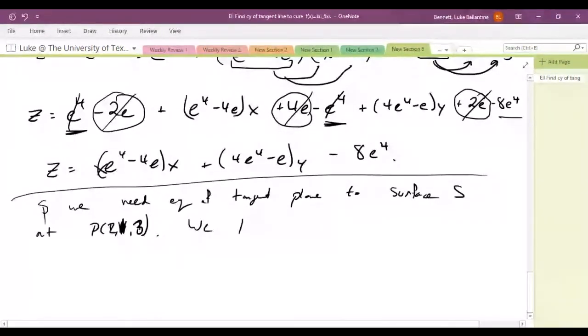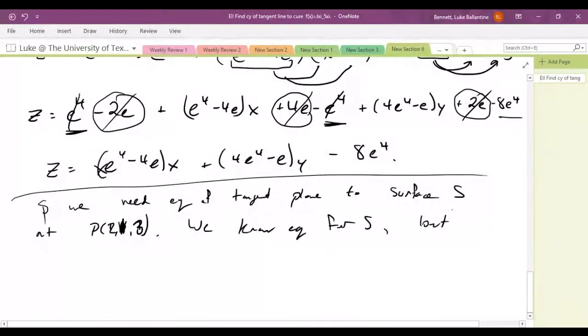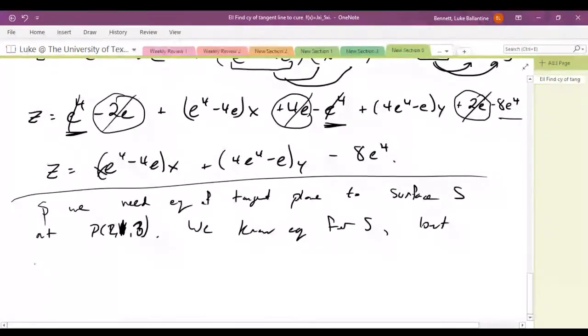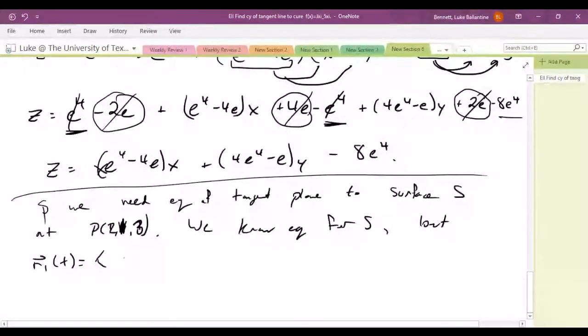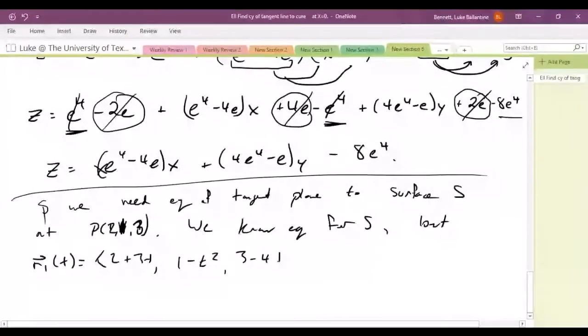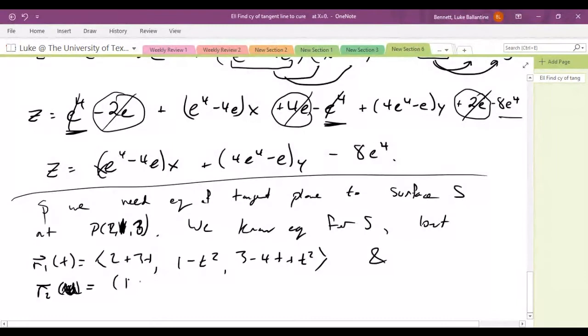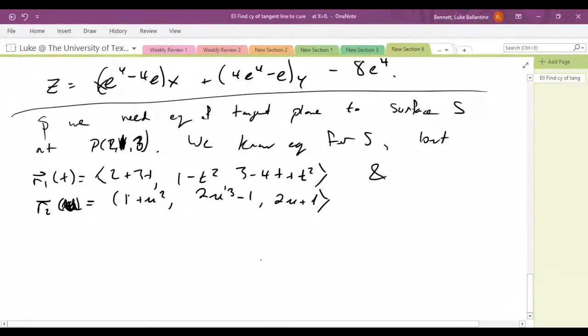We don't know S, we don't know the equation for S, but we know these two curves, R1 of t equals 2 plus 3t, 1 minus t squared, 3 minus 4t plus t squared, and R2 of u, different variable, is 1 plus u squared, 2u cubed minus 1, 2u plus 1. We know that these both lie on S.